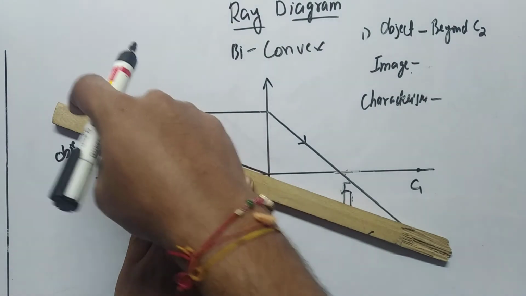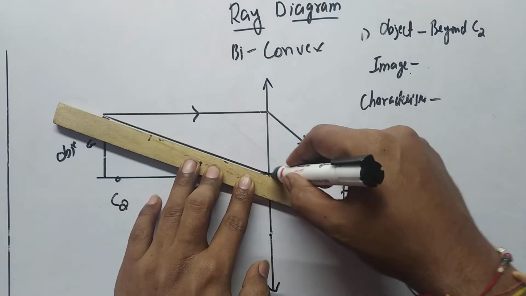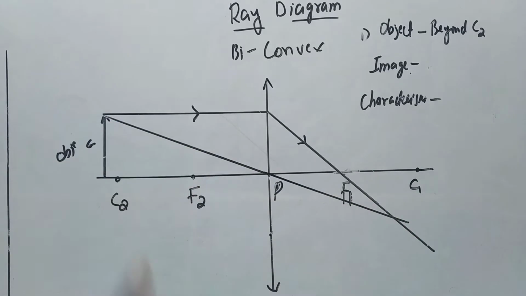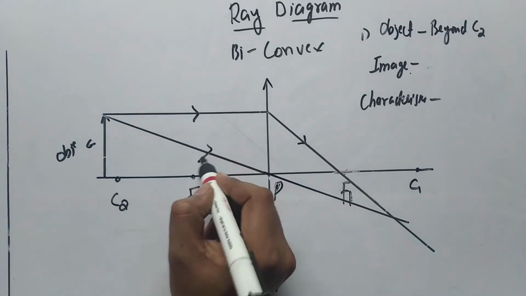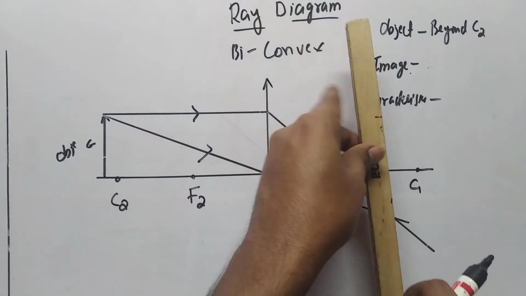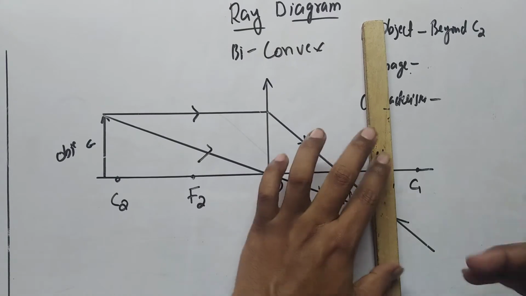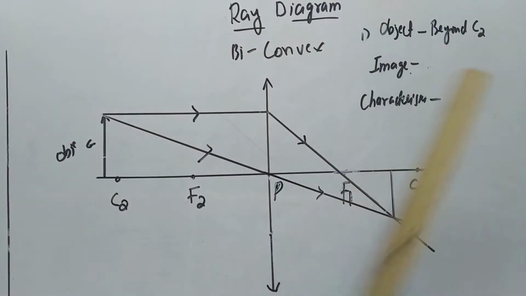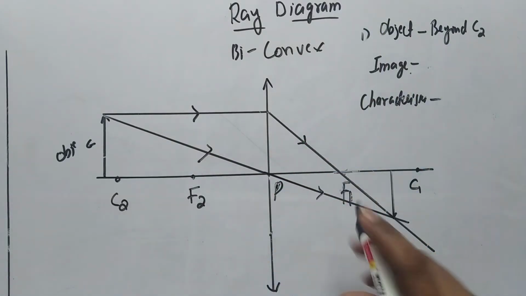We know that whenever a ray passes through the optic center, it doesn't deviate, it will travel in a straight line. And we found that both the refracted rays intersect at this point. This is the intersection point of both the lines.